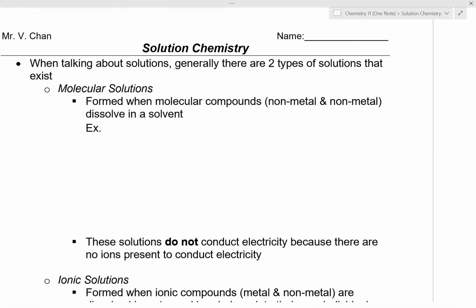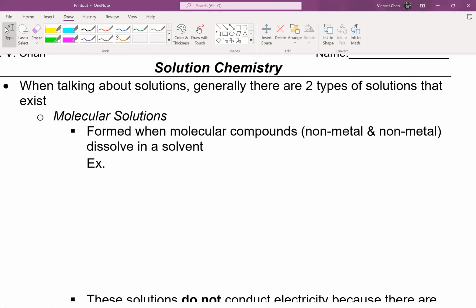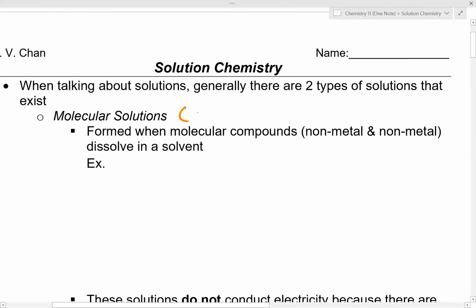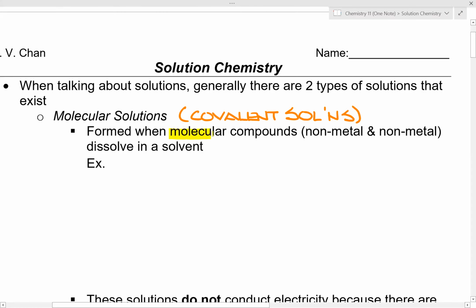Now, when talking about solutions, there are generally two types of solutions that exist. One of them is called molecular solutions. Another name for this is covalent solutions. And it's formed when a molecular compound, a non-metal, dissolves in a solvent.